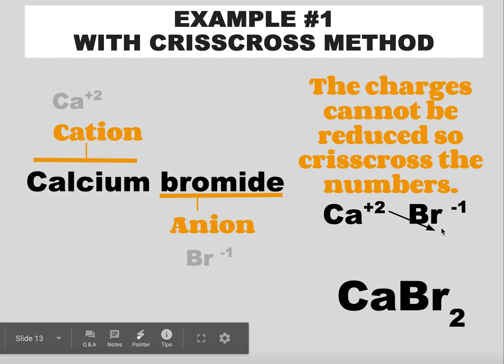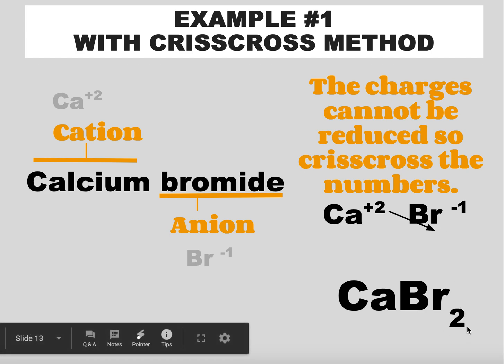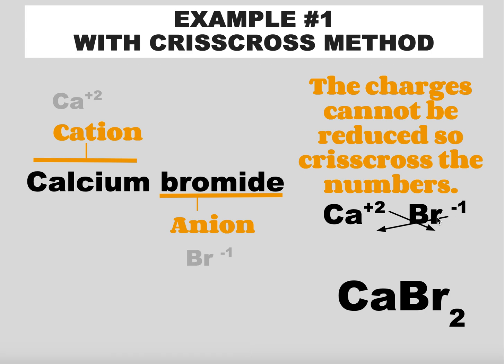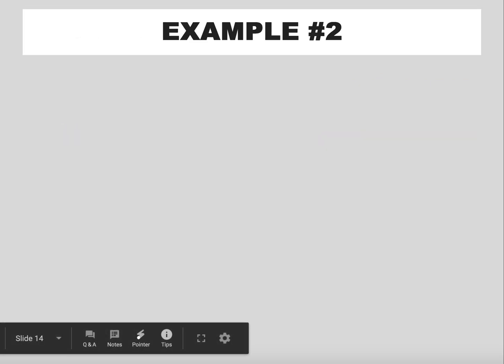It ends up right here in the bottom right-hand corner of Br, and that's what I end up with for my formula. You might be thinking, well, what about the 1? Well, the 1 crisscrosses, the lines crisscross, and I end up with 1 calcium. But I don't write 1 in the formula. We never write the number 1 when we're writing formulas. So we just get CaBr2.